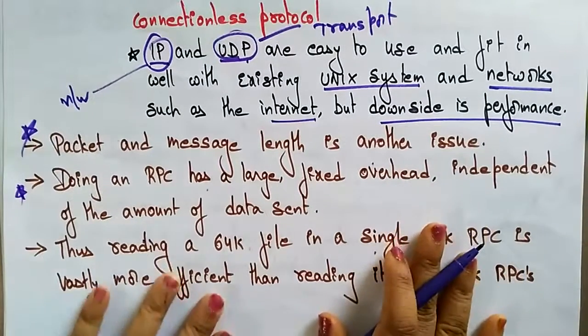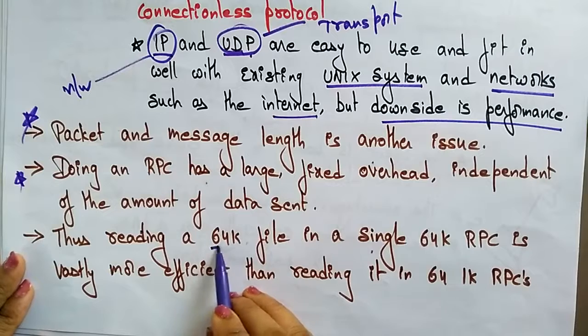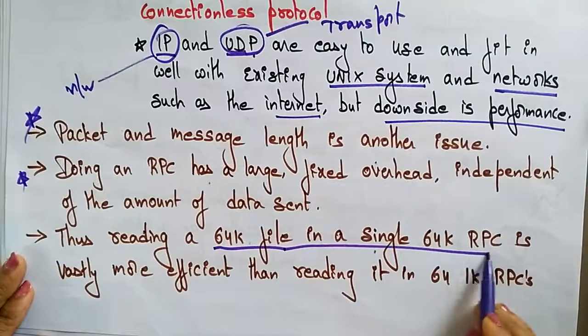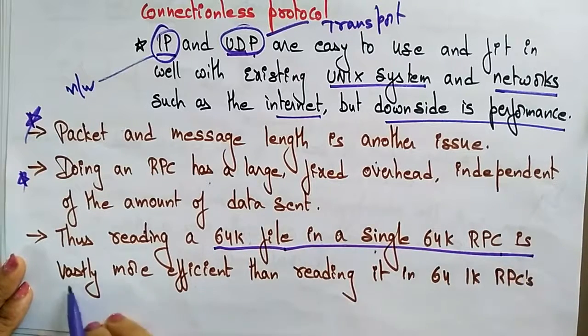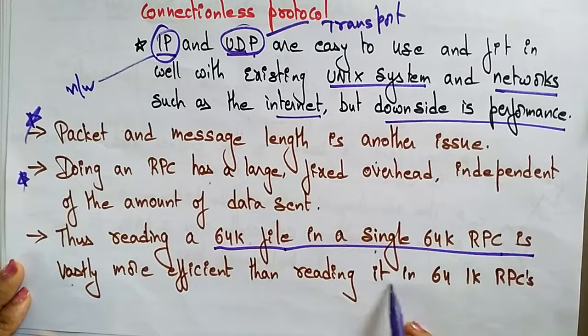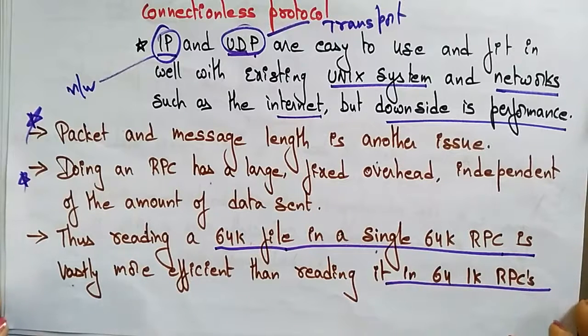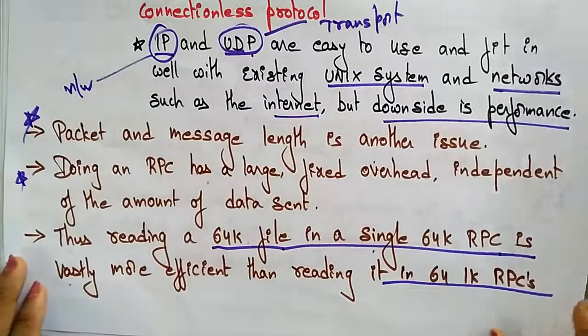Thus, reading a 64 kilobyte file in a single 64K RPC is vastly more efficient than reading it in 64 1K RPCs. Obviously, a 1K message is easy to handle, but a 64K file at a time is very difficult for the RPC to read and perform the operation on.